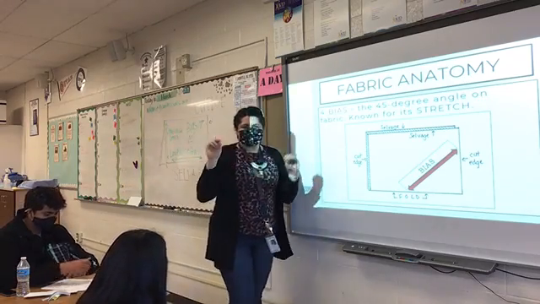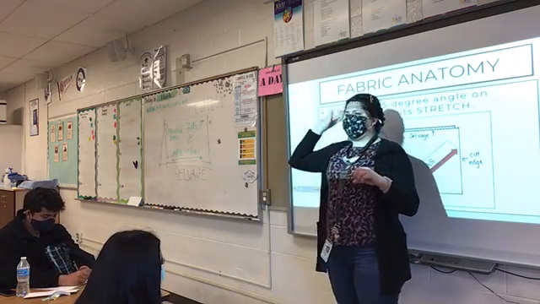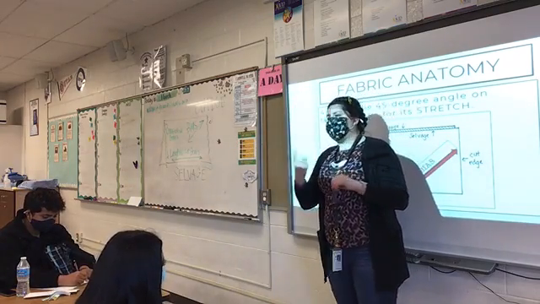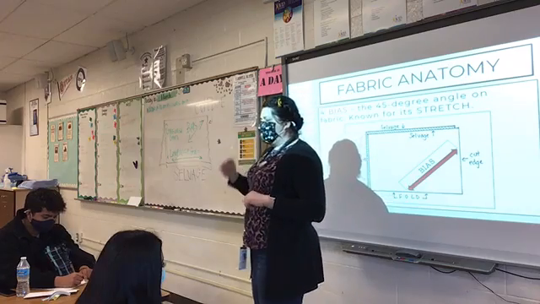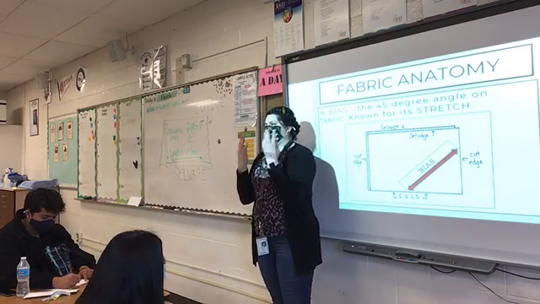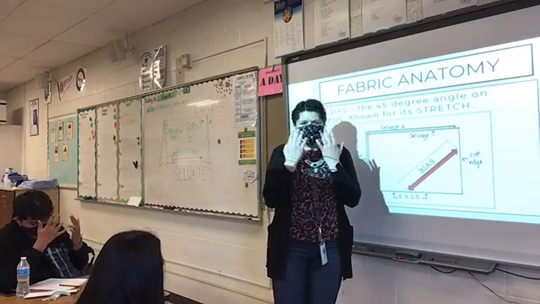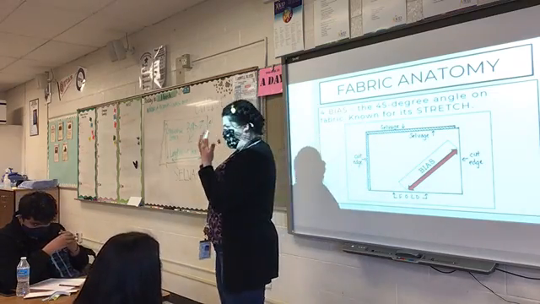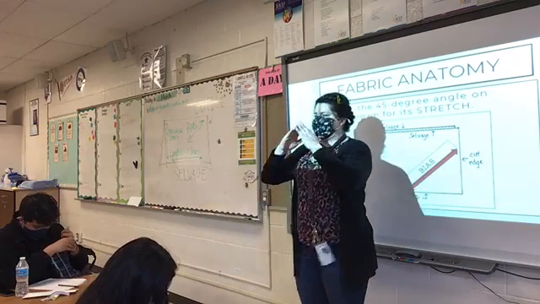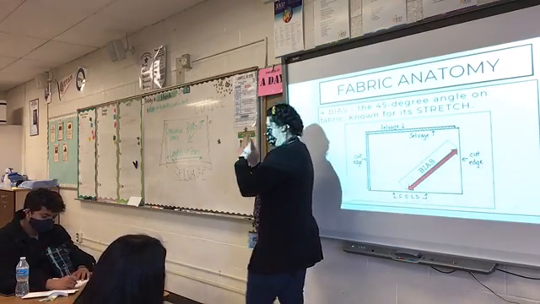What is the difference between synthetic and natural? Synthetic comes from chemicals. Put your fingers in front of you, like a scientist. Natural, you're going to make a tree. It comes from nature.